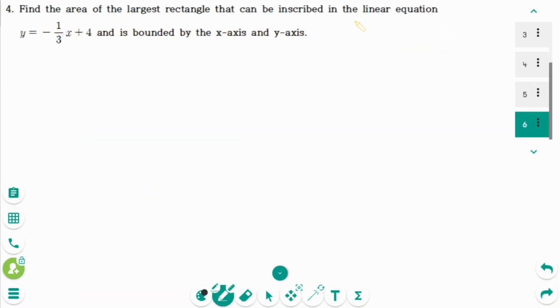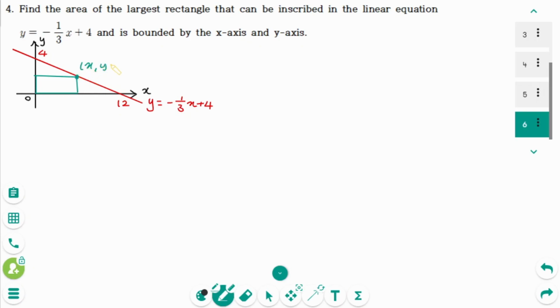Question 4. Here is y equals minus 1 over 3 x plus 4. Y-intercept is 4. X-intercept is 12. A rectangle is here. The upper right vertex of the rectangle is here. Let's say x, y, where x is between 0 and 12.